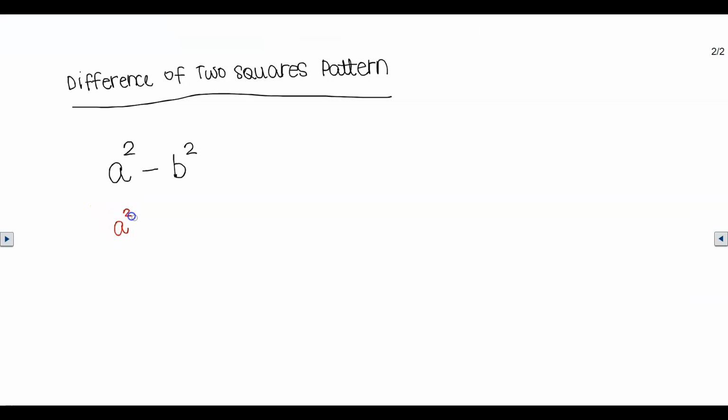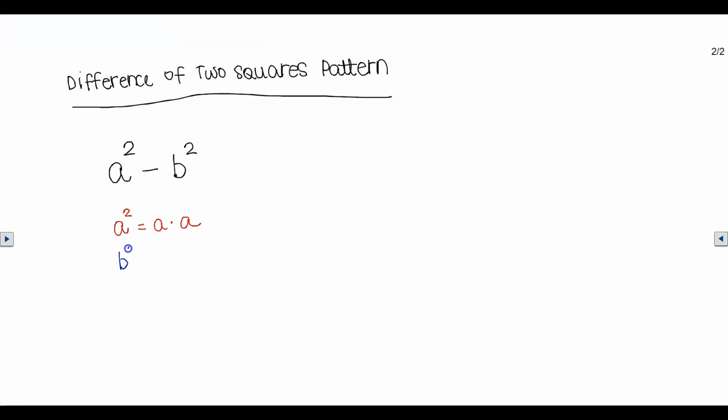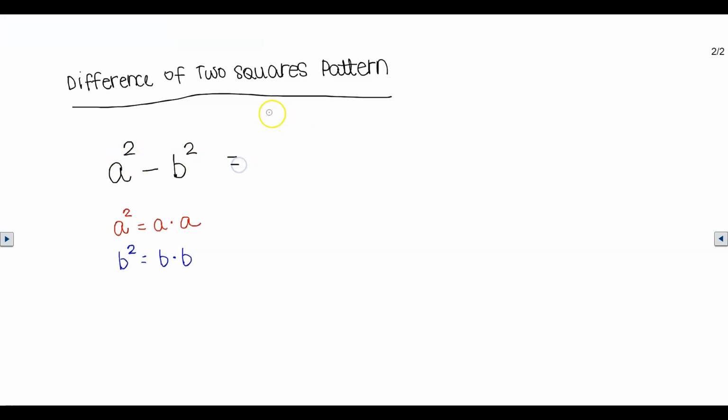A to the second power is the result of a times a, and b to the second power is the result of multiplying b times itself. So to answer that last question, look to see if you can find something that you can multiply times itself to get that result. So a squared minus b squared is a difference of squares. It meets all 3 of those criteria.